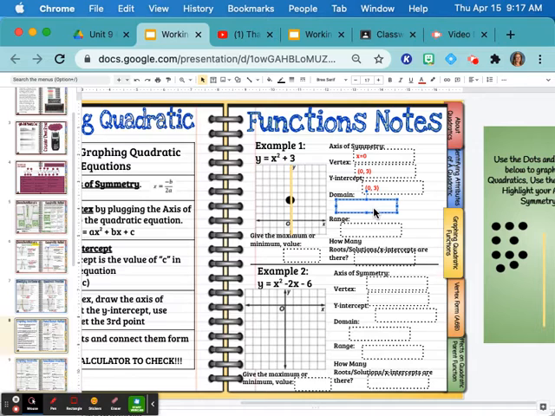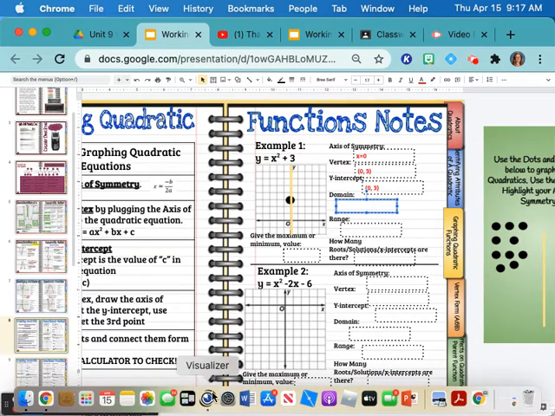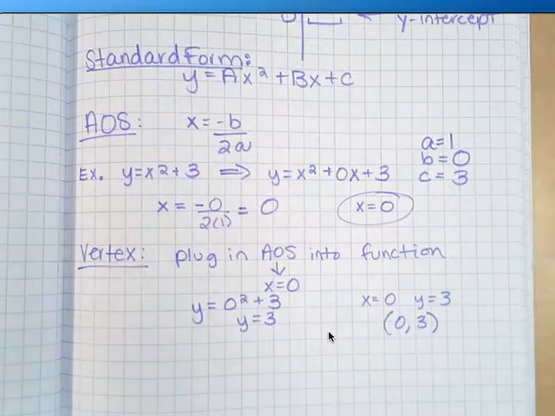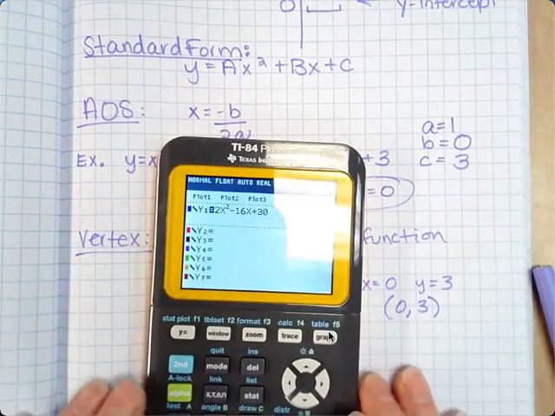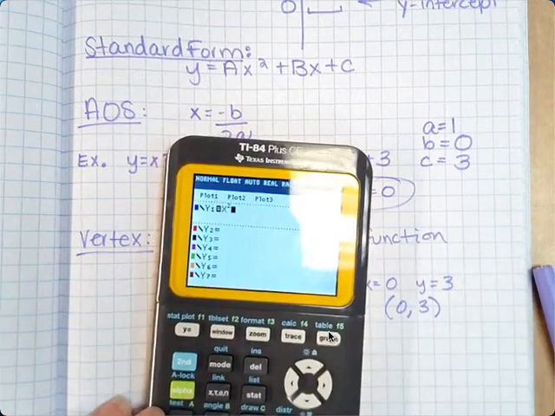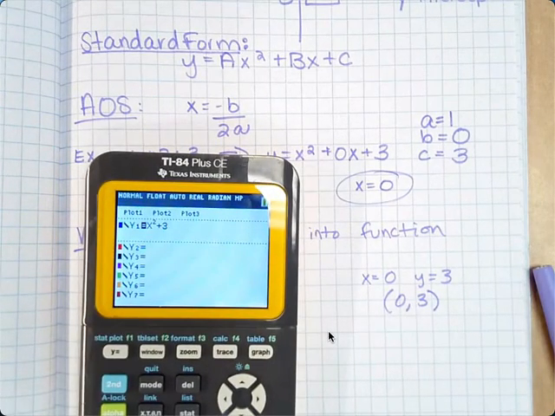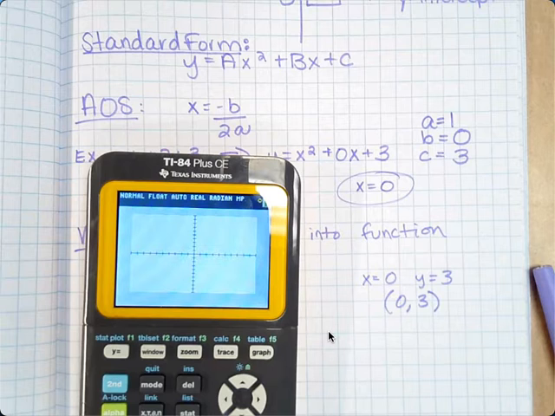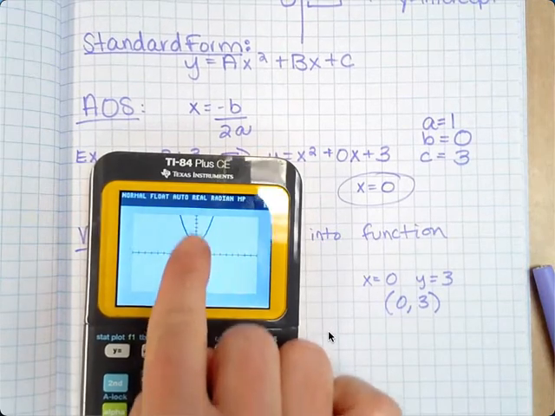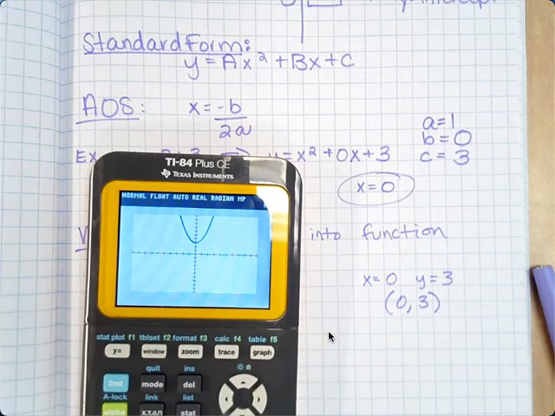Now let's use our calculator. So let's put in our equation. So y equals x squared plus 3. Let's graph it. So we have the vertex here. It's going down the y-axis.